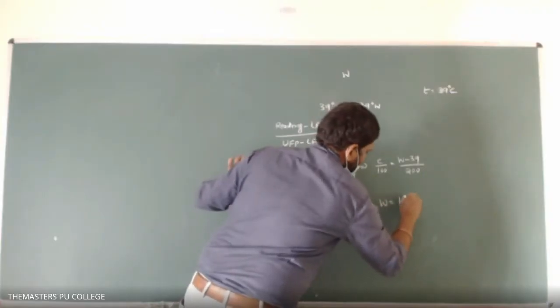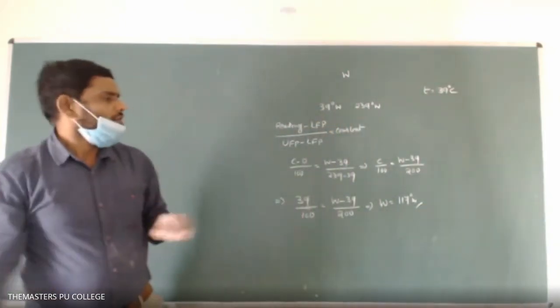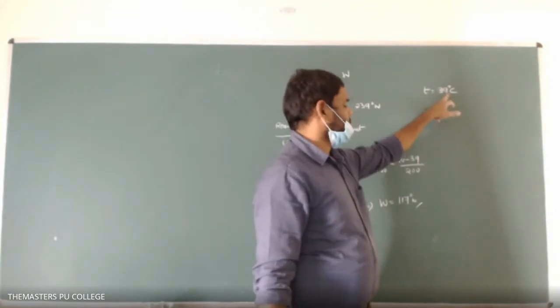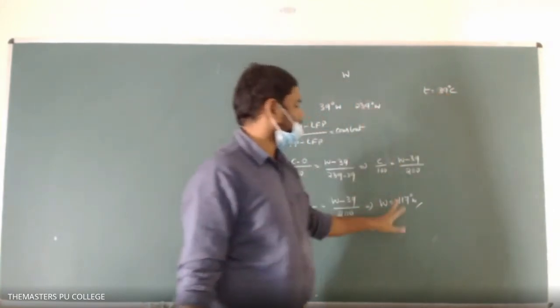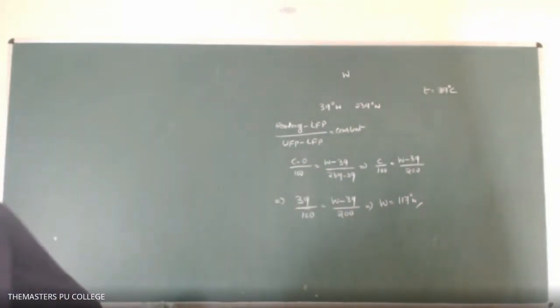Sir, 117 W. So W equals 117 degree. This is the value on the new scale. If the temperature is 39 degrees on the Celsius scale, its value on this scale is 117 degree W. So that is about the formula.